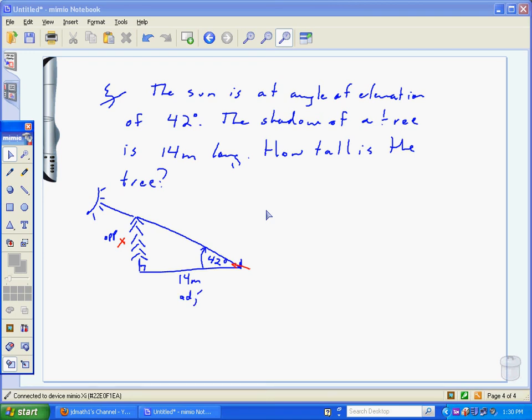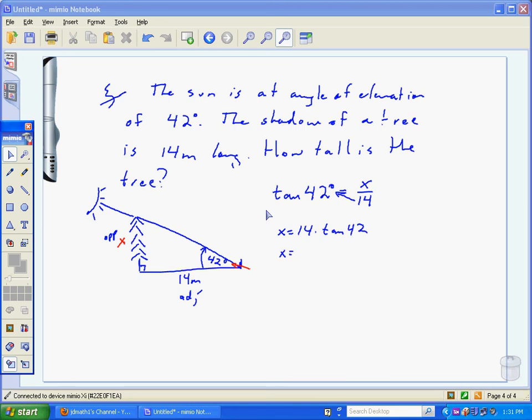That's the tan ratio. So tan of 42 degrees equals opposite over adjacent, x over 14. With our unknown on top, I multiply the 14 up, and I get x equals 14 times tan of 42 degrees.